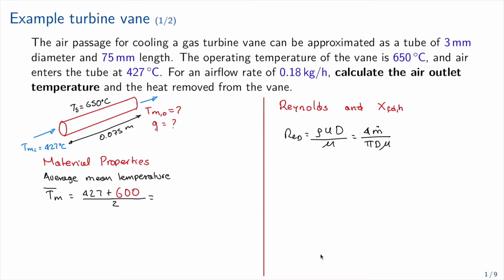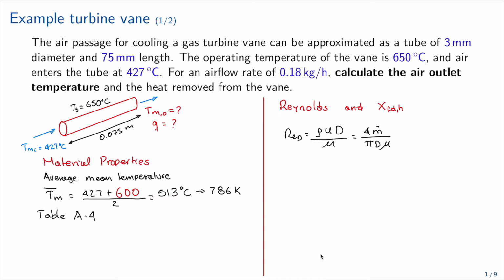So for this temperature, the resulting average is 513 Celsius, which is equivalent to 786 Kelvin. So we go to table A4 from the book and compute the properties.